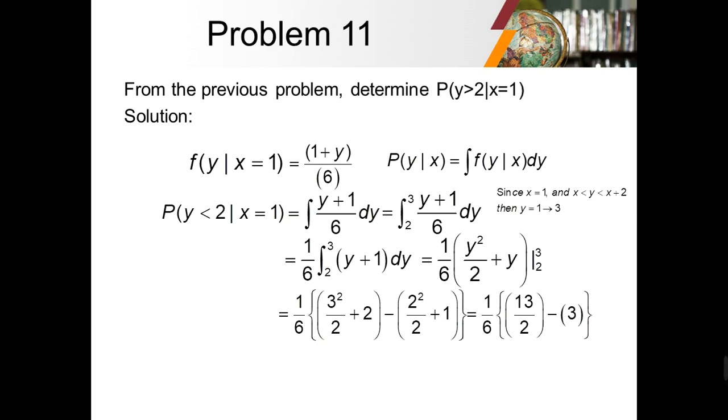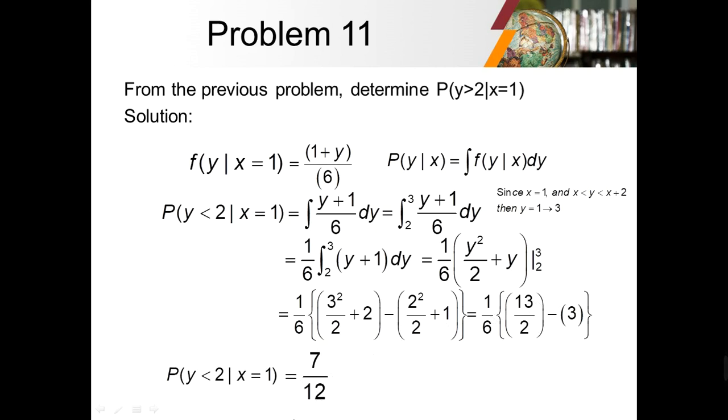So, the answer is 7 halves. Then, when we multiply by 1 over 6, the answer is 7 over 12. I was right in the final answer; I just didn't edit this. Sorry.